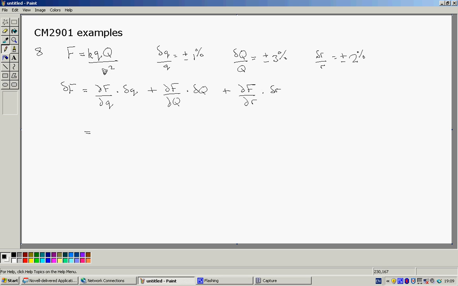So if we look at f, partial df by dq: in partial differentiation, anything that doesn't contain small q is basically a constant times small q, and the derivative of a constant times a variable is just the constant. So partial df by dq is just the surrounding constant, k times large Q upon r squared.